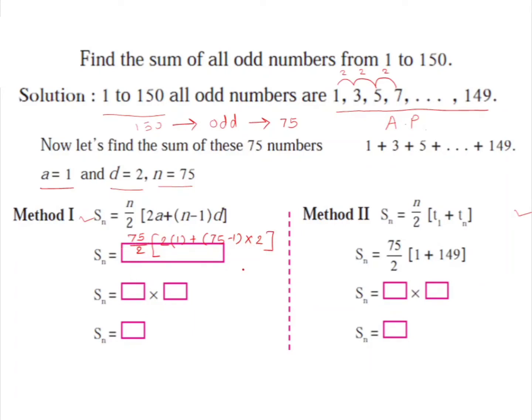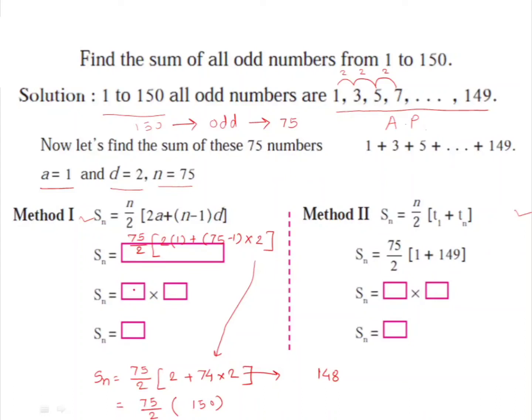Simplifying, Sn = 75/2 [2 x 1 + (75 - 1) x 2], that is 2 plus 74 into 2, that's 148, and 148 plus 2 is 150.